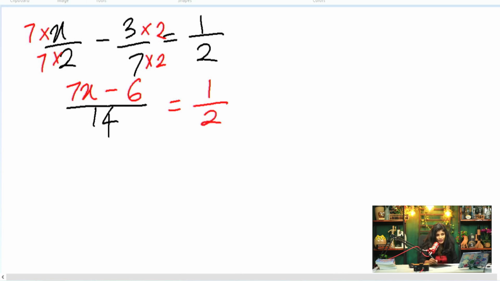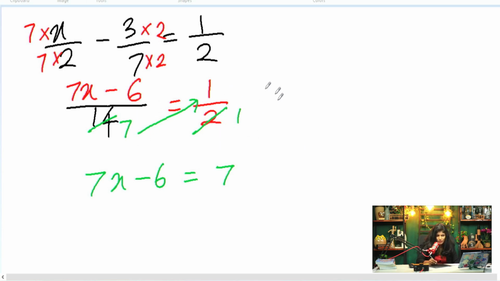Now I can do a small thing. What is that? 2 and 14 can be simplified by 2. 2 times 1, 2 times 7. 7x minus 6 equal, I will take this 7 to this side. 1 times 7 means that is 7. Okay, that's it. I have carried this 7 to the other side.